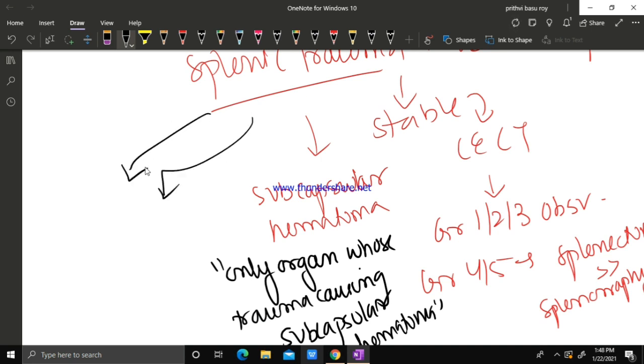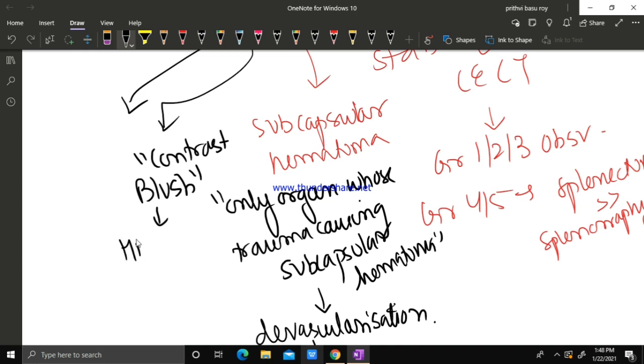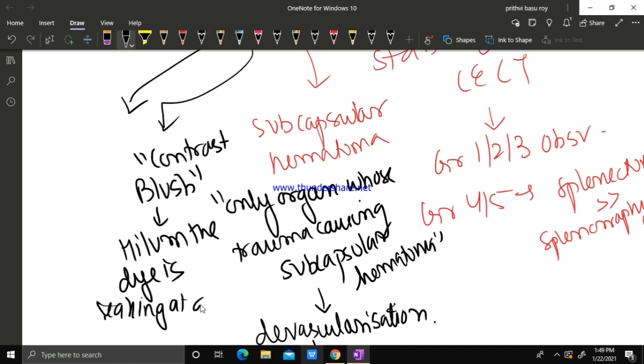Now the next three are beyond your prof level, but they're going to ask you. Suppose you've given contrast, but there is a contrast blush. What is blush? That means from the hilum, the dye is leaking at a constant rate.